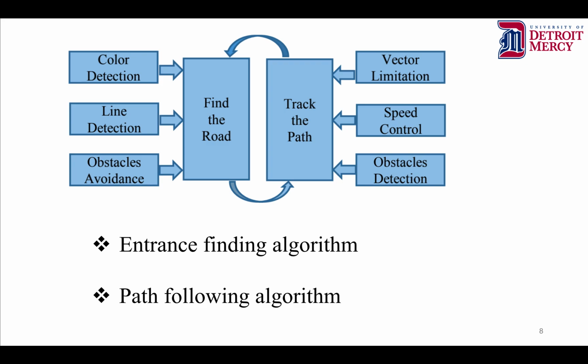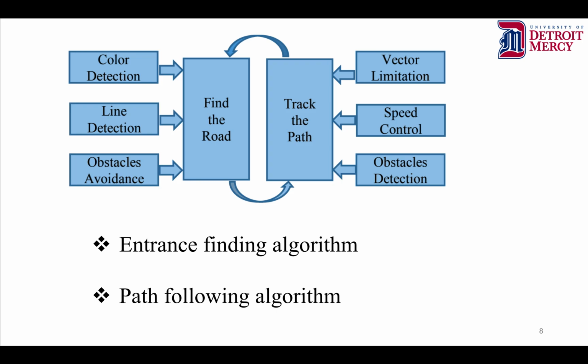Because at the start, the robot is randomly placed in the environment, which you have to define previously. In this defined area, the robot has to find the entrance, so you have to do some obstacle detection and avoidance. The color and the line are used to find this road.